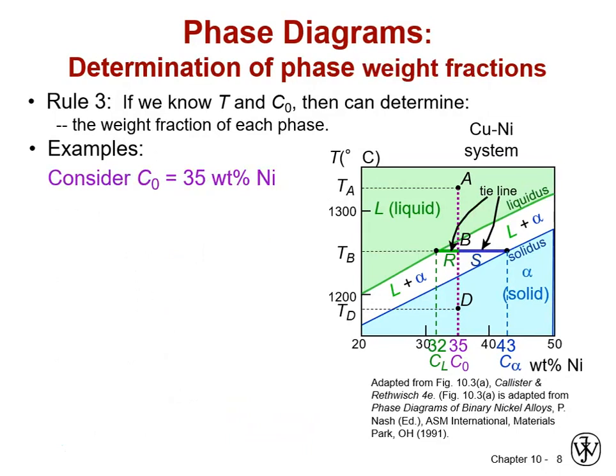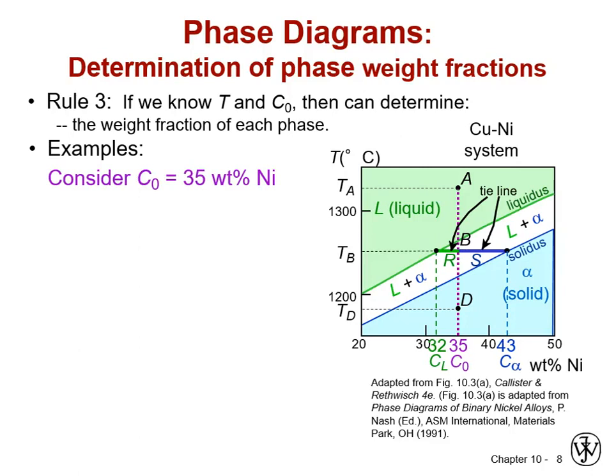And they will be actually related by the weight fractions of the two phases, which is what we're going to get to next. So we now know that at 1250 degrees C and 35 overall alloy weight % nickel, we will have alpha solid solution of copper and nickel in equilibrium with a liquid, and we know that the composition of that alpha is 43 weight % nickel and the liquid's 32 weight % nickel.